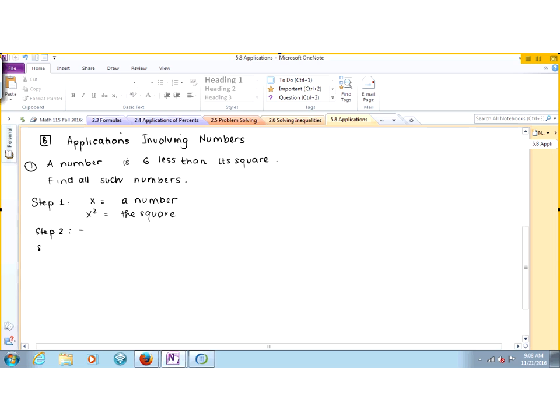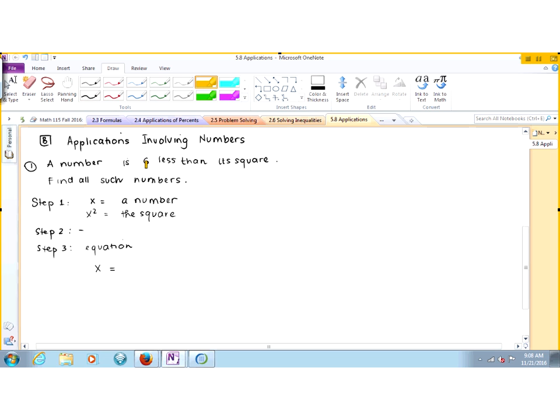Step 2, none, because we're not drawing and we don't have a table. Step 3, what is the equation? A number, so x is equal to 6 less than its square. So what do we mean by 6 less than its square? X squared minus 6. Yes.